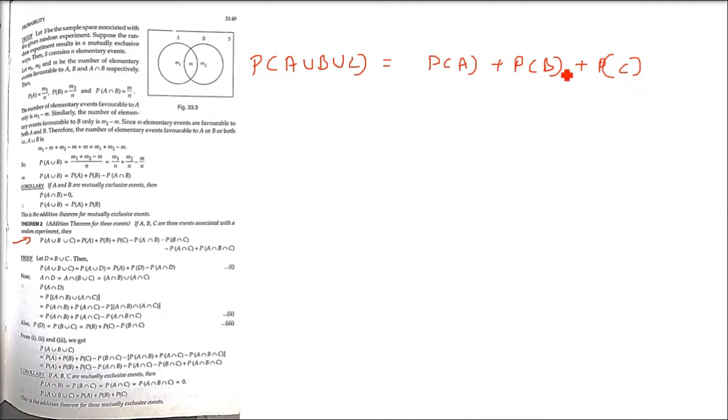Now you have to subtract the intersections of two at a time: P(A intersection B), then P(B intersection C), then P(A intersection C). Then you have to add P(A intersection B intersection C).